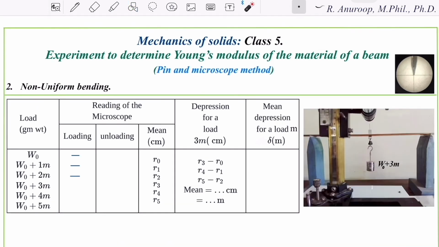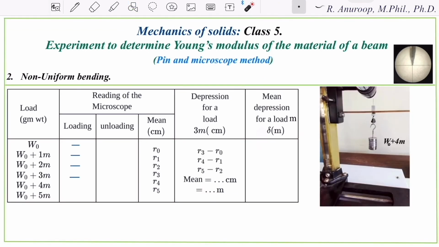Now add one more weight, so the total weight is W0 plus 3M. The microscope is adjusted and the reading corresponding to W0 plus 3M is noted.